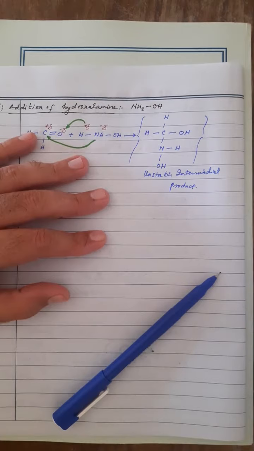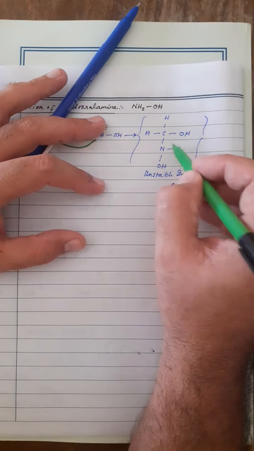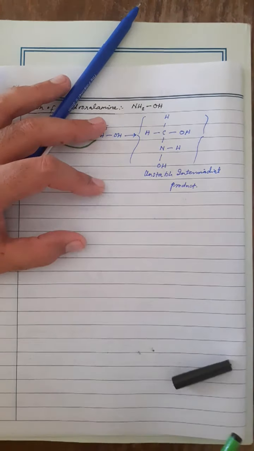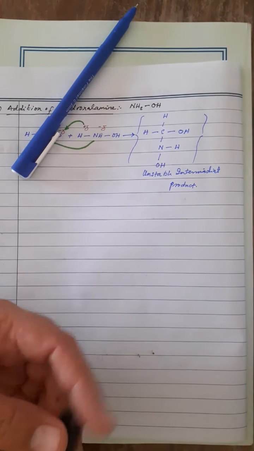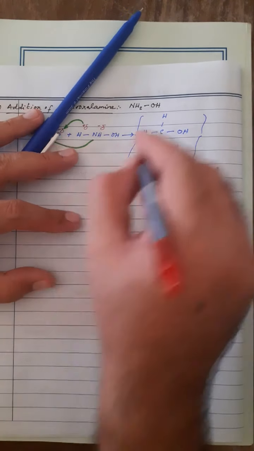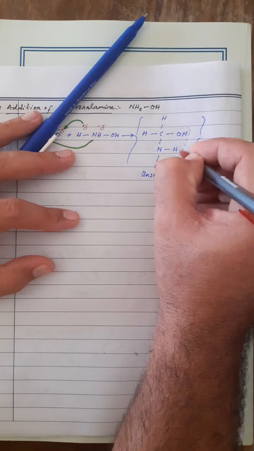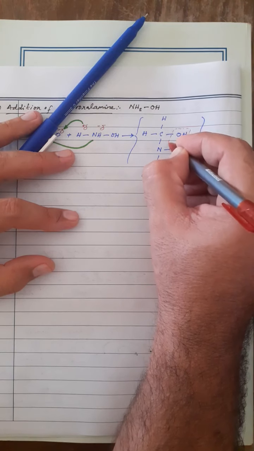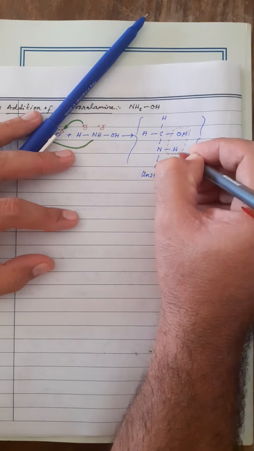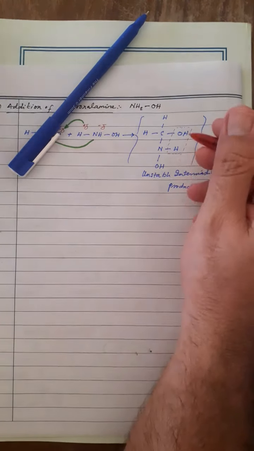And if you can understand what I am talking about, I'm talking about these guys. This OH and H are very, very close. If you can see that, OH and the NH, they both have affinity for each other.